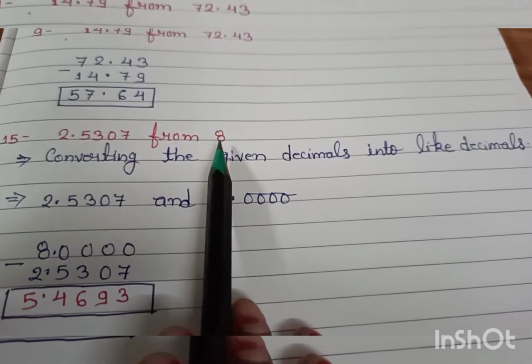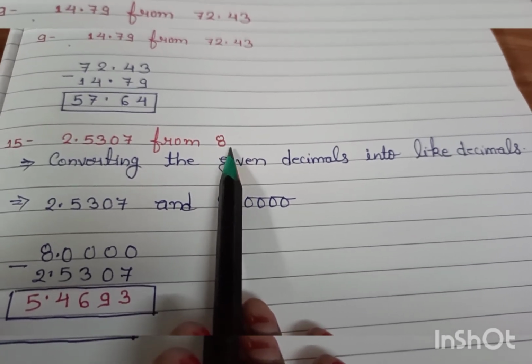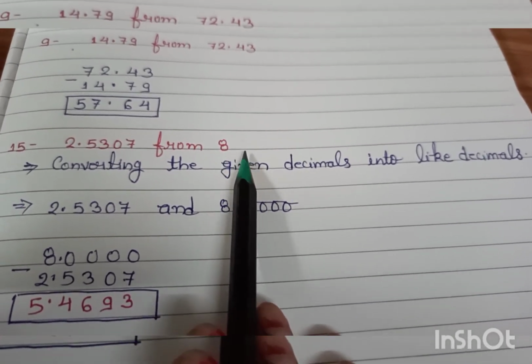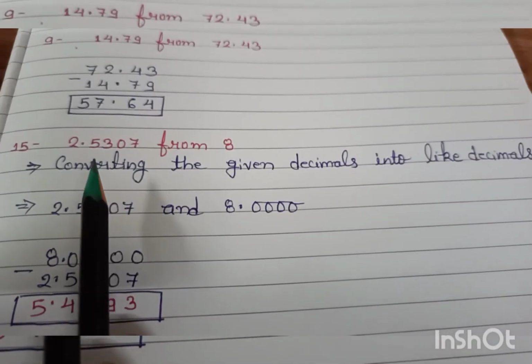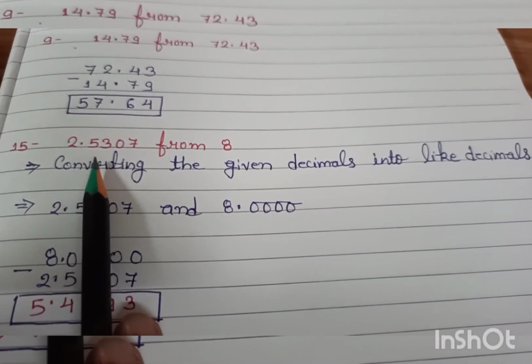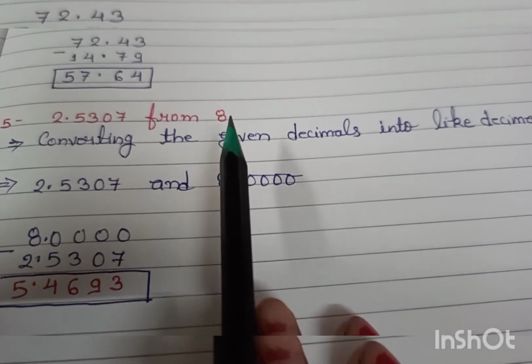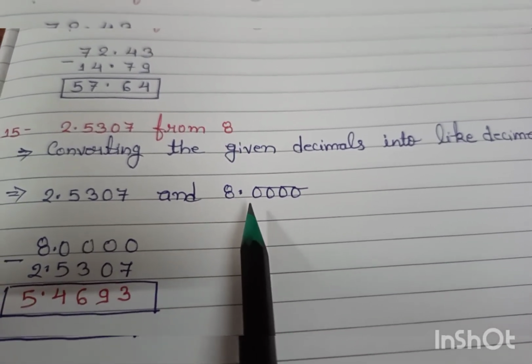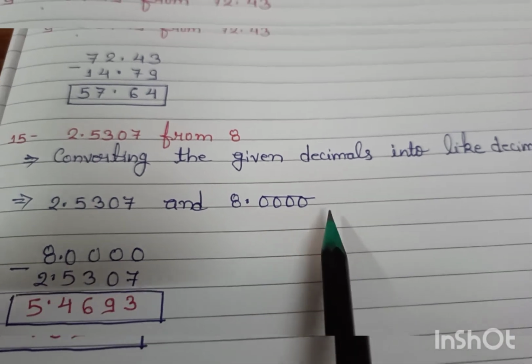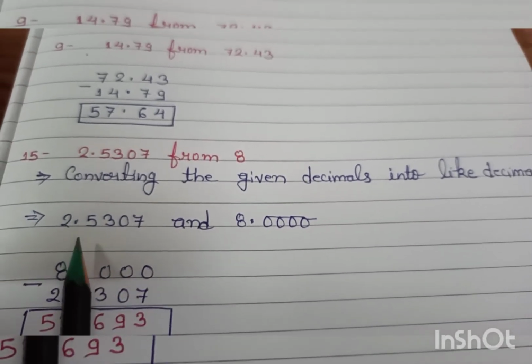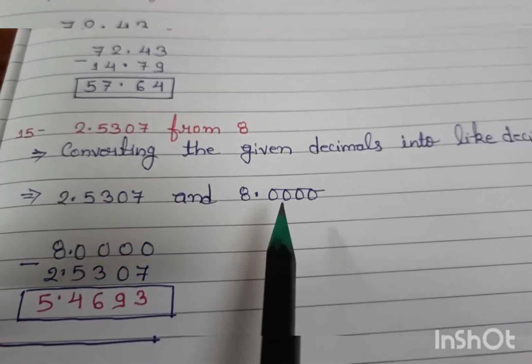It means after 8 you insert a decimal point, and then insert 0000, because in the other number there are 4 digits after the decimal. So we convert unlike to like, and now we have both numbers in like decimal form.